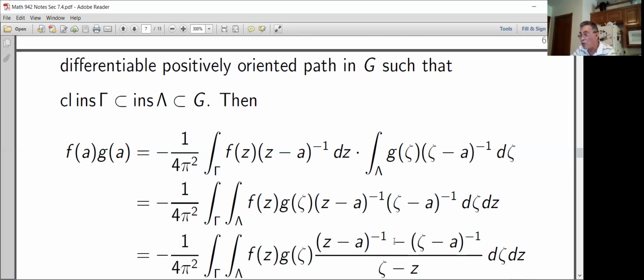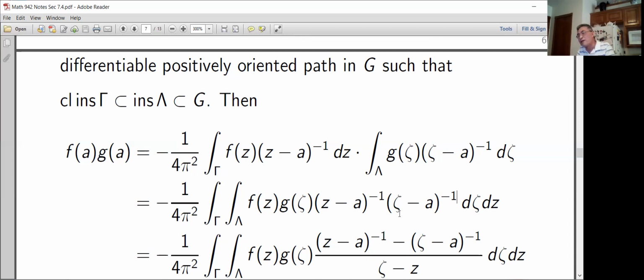But now a is not a number, and this is still true because the manipulation still works, because this (z minus a) inverse commutes with (zeta minus a) inverse. First, let's think this way. We do not use any theorem. We do not use scratch paper. We just think in mind in the following way.